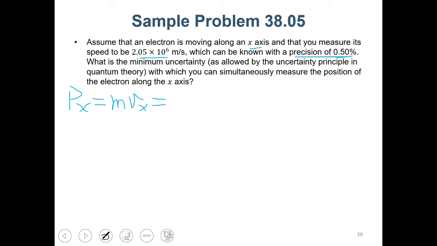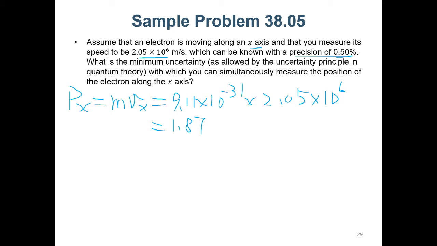Okay, so for an electron, the mass is 9.11 times 10 to minus 31, and the Vx is given to be 2.05 times 10 to 6. So px is actually 1.87 times 10 to minus 24 kg m s inverse.